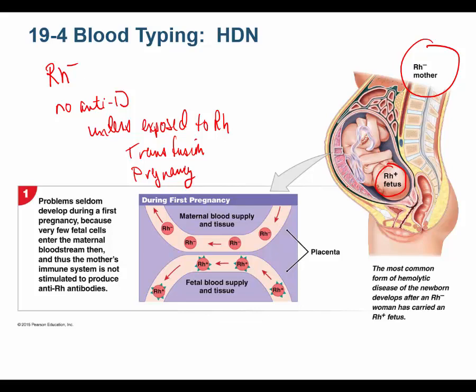And the answer to that is yes, there's slight mixing of the baby's blood into the mother. There is slight mixing. So here's the fetal blood supply right here. You can see the Rh positive cells in the baby. And the fetal blood supply travels through the umbilical artery and vein, capillaries in this case.